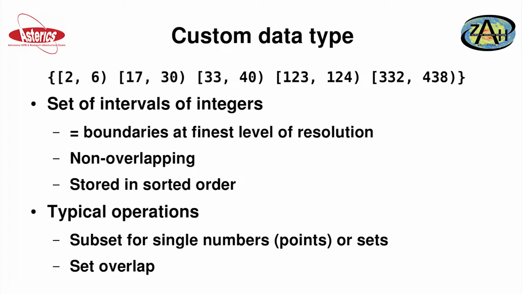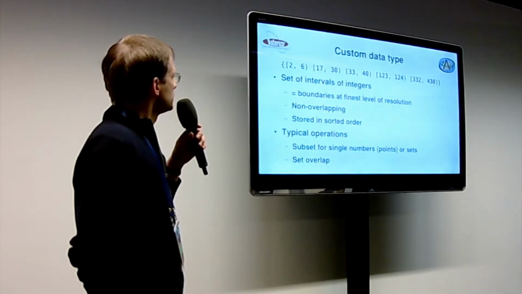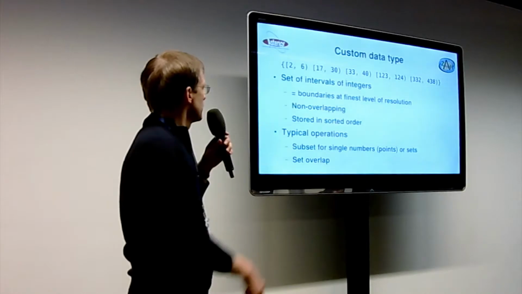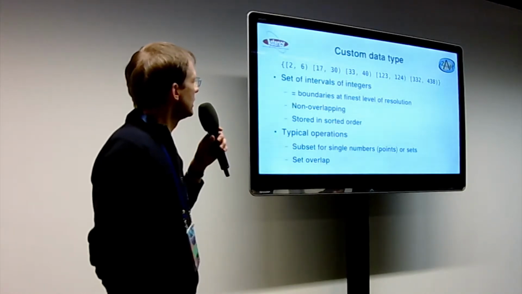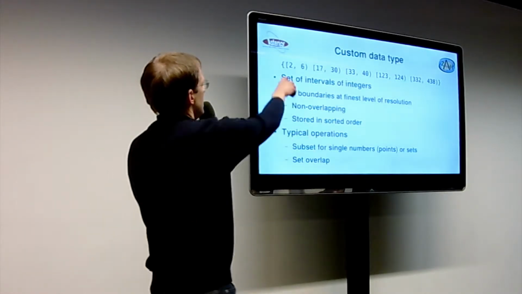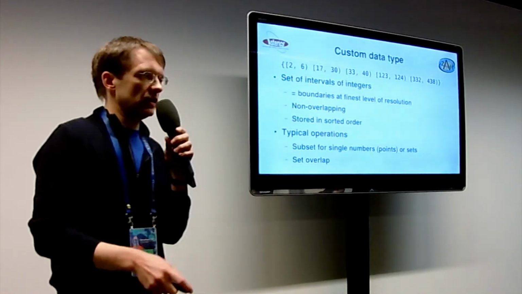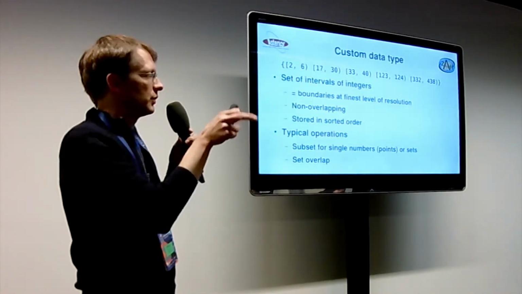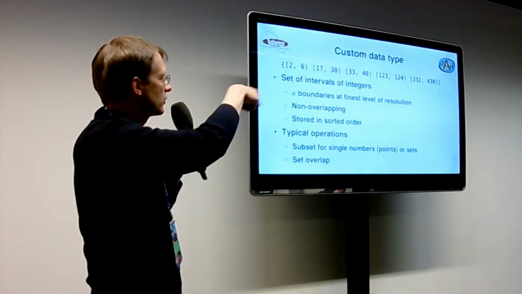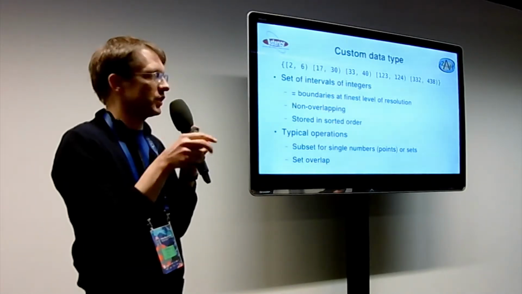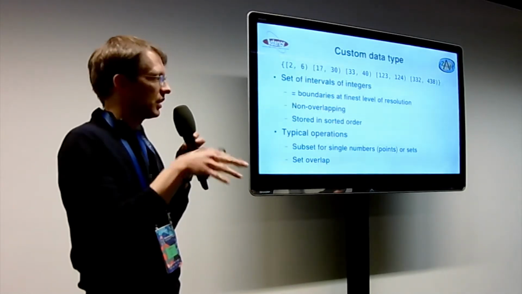Having single points would be way too big for the data. The numbers here are just a linearization, a linear coordinate in the smallest resolution, and if we've got a big patch, like a big square, then we still have just two numbers.